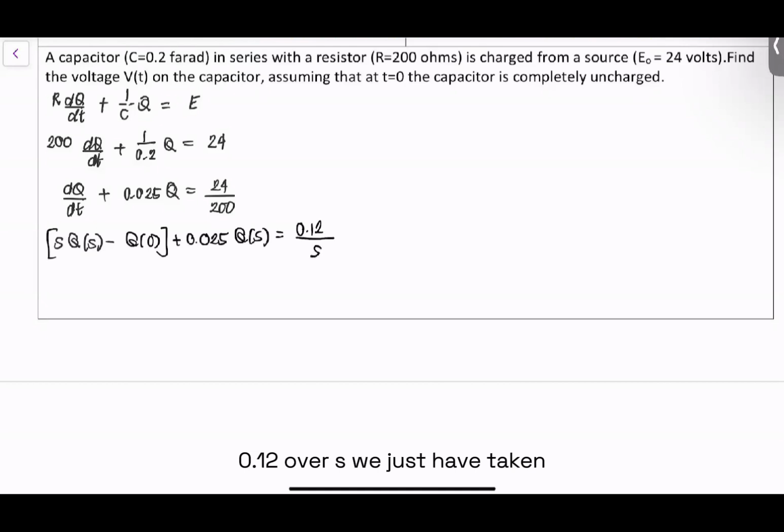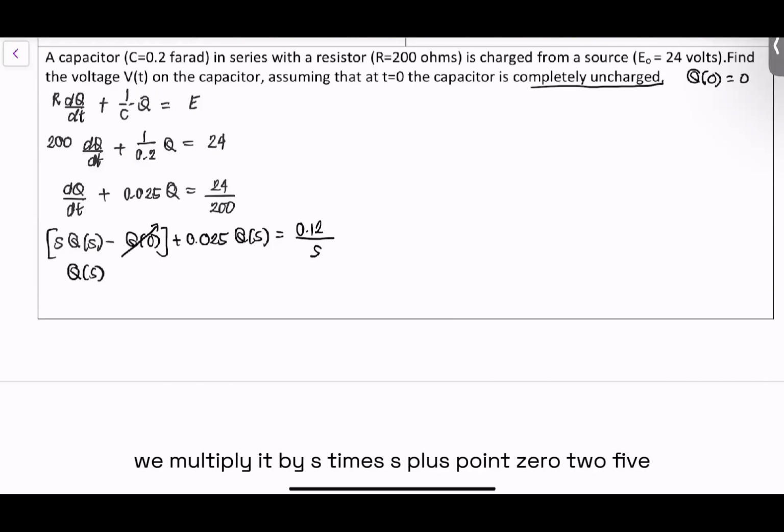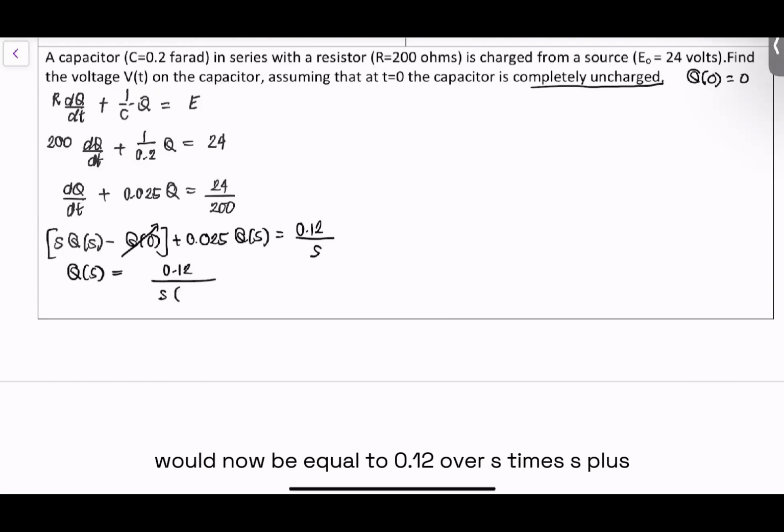We just have taken the Laplace transform of the equation, taking note that the initial charge is 0 because it is completely uncharged. So our Q of s, we multiply it by s times s plus 0.025, would now be equal to 0.12 over s times s plus 0.025.